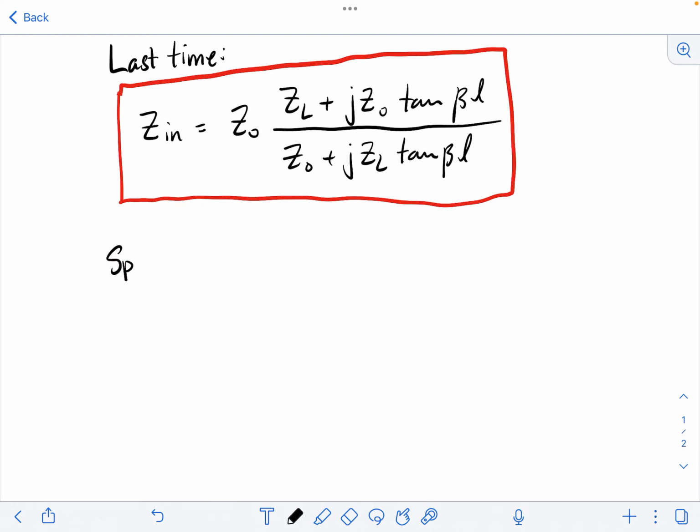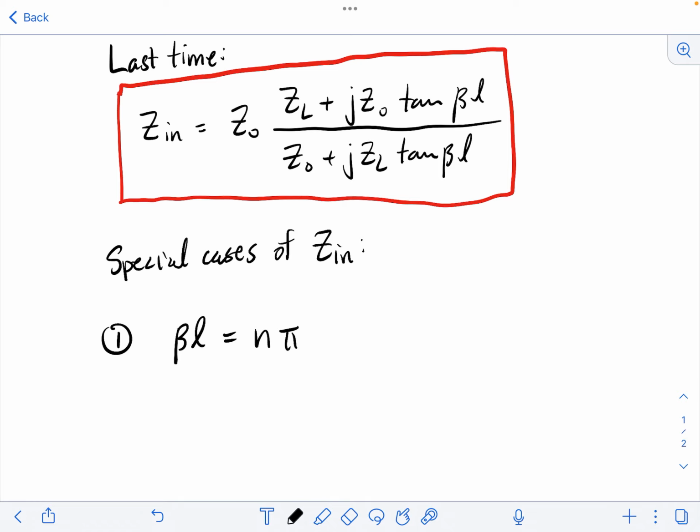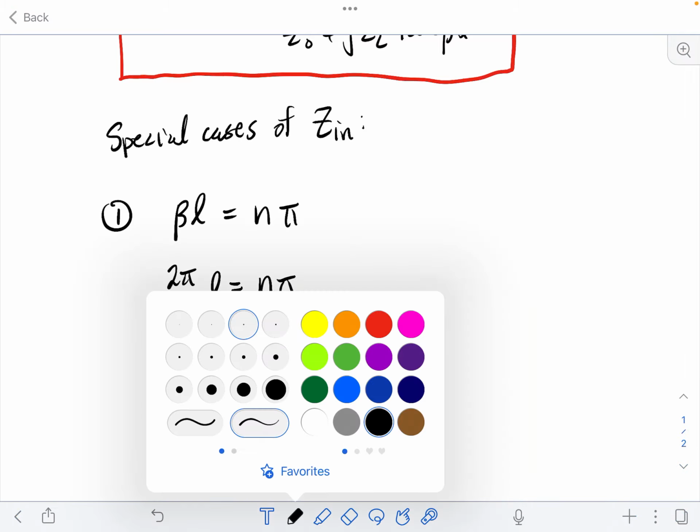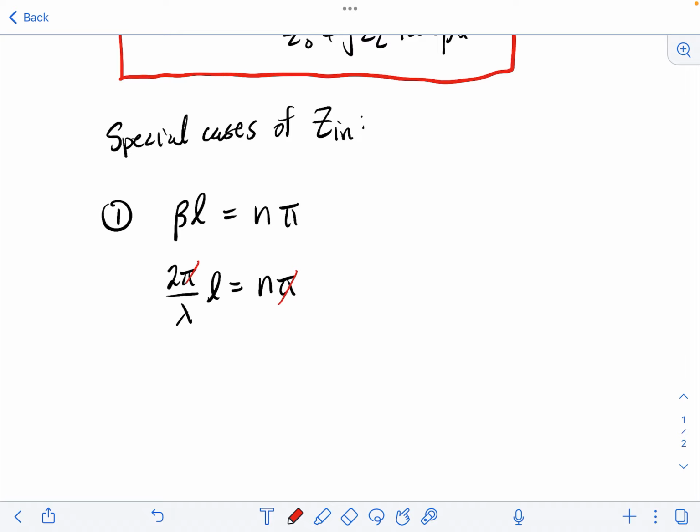Special cases of Zn. One case is that we set beta L, the wave number times L, equal to some integer multiple of pi. What does that physically represent? Well, beta is 2 pi over lambda, and beta L equals n pi, so we can cancel the factors of pi.